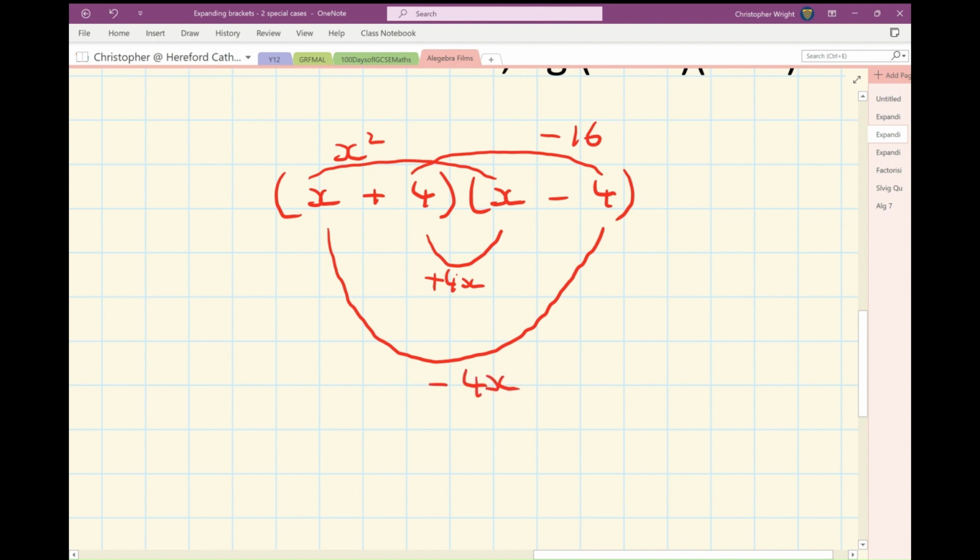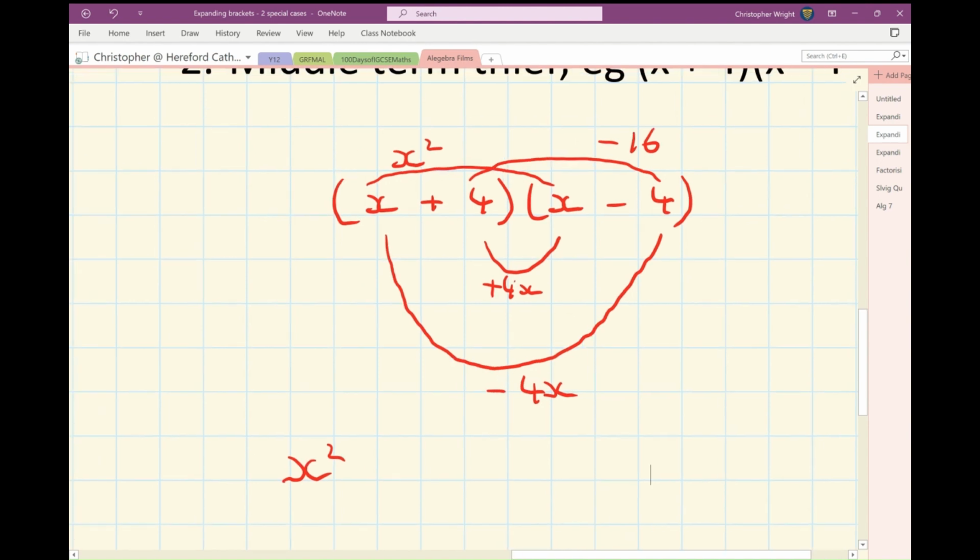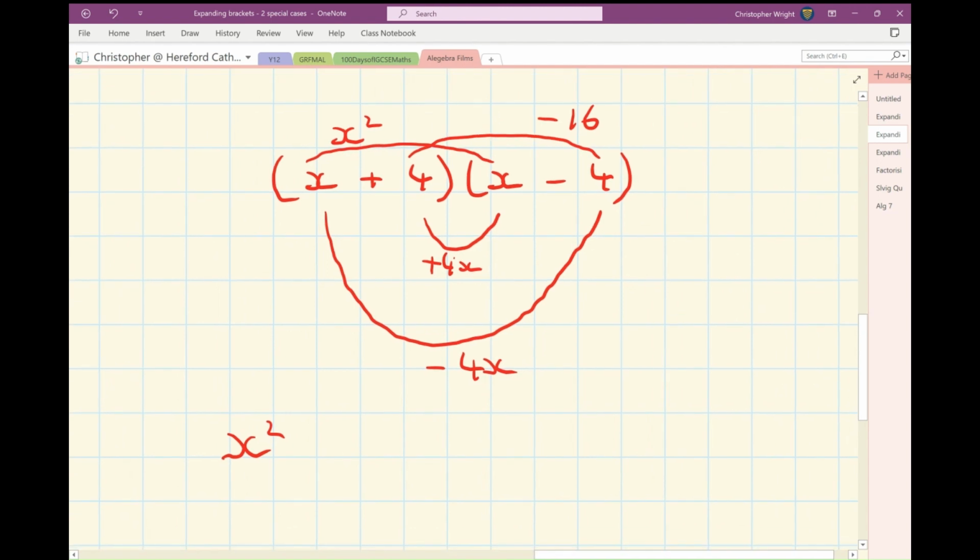And the special thing here is that while the first eyebrow gives you x squared, if you look at your nose, plus 4x, and your mouth, minus 4x, they cancel each other out. So there's no middle term here because plus 4x minus 4x is nothing. 0x is nothing at all. And then you simply have to worry about your second eyebrow, which is minus 16. So that's why I would call this a middle term thief, because there's no middle term.